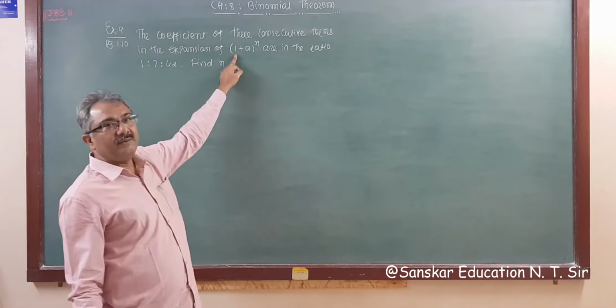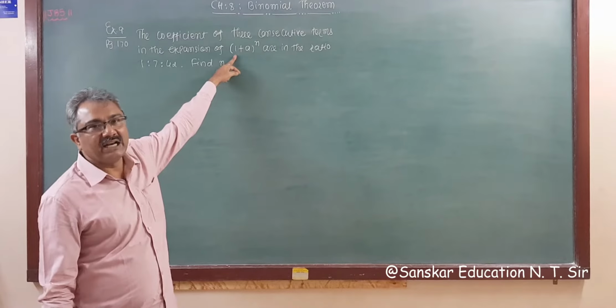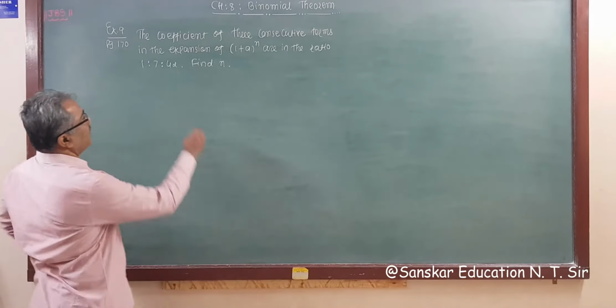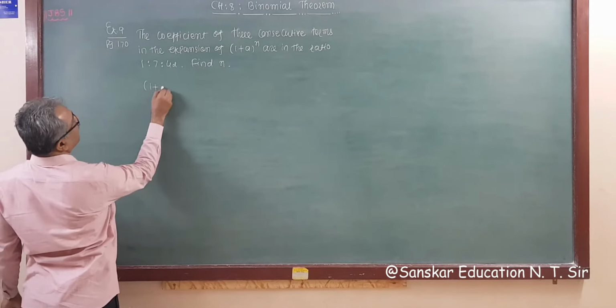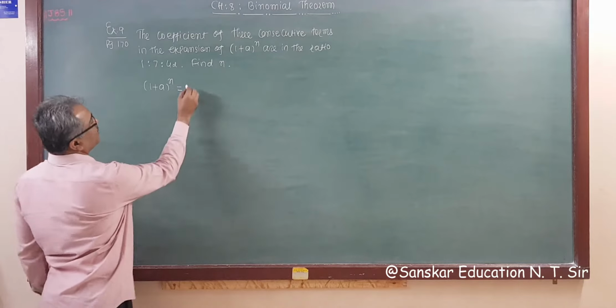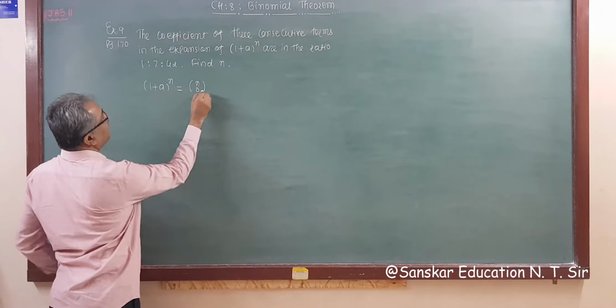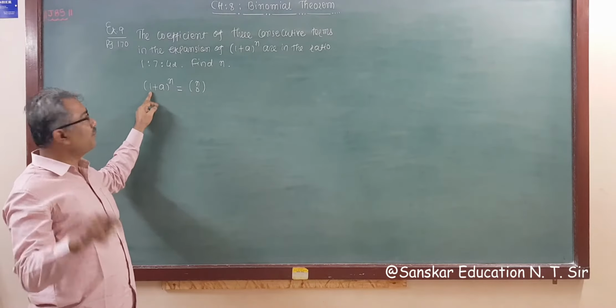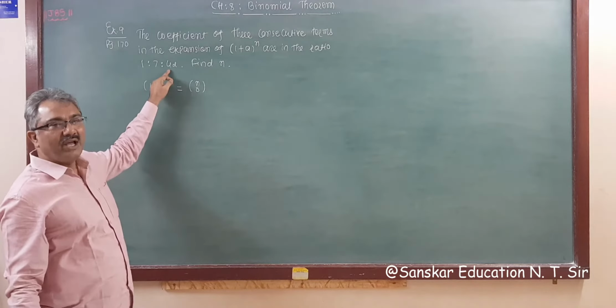So for (1 + a)^n, T(r+1), here the first term is 1 and the second is a. The expansion of this is nC0 a^0, as you know, since 1 raised to any power is 1, and also you know the formula for (1 + x)^n.